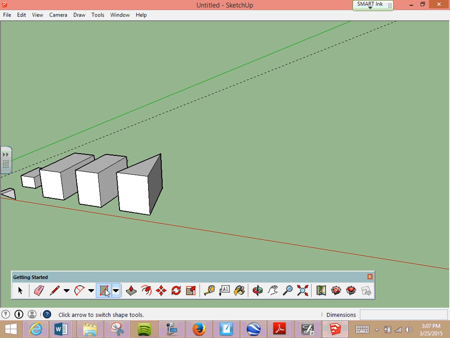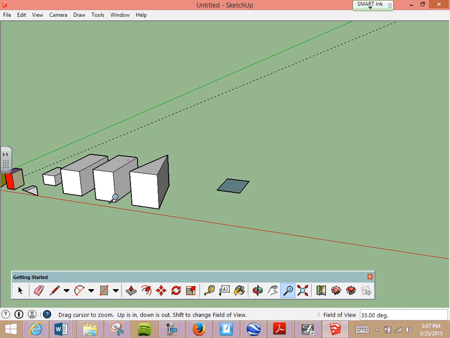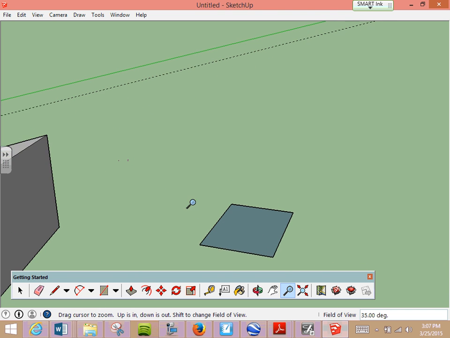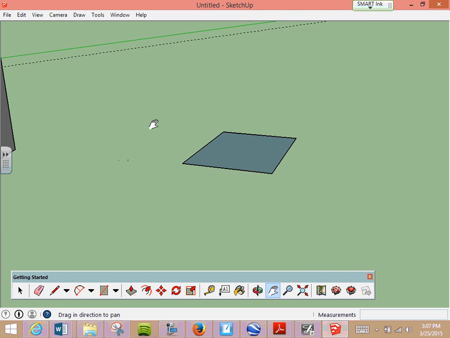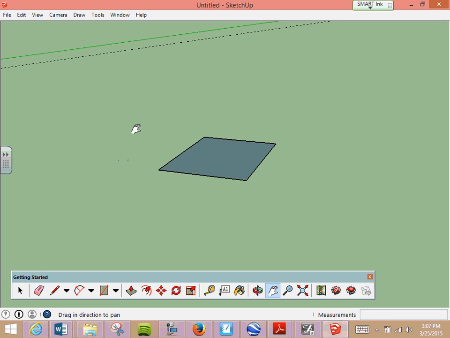So let me show you over here, using that same concept, we're going to create a square. This guy is, well, I forgot the measurements. It is 49, write it down, 49 by 68 and a half.